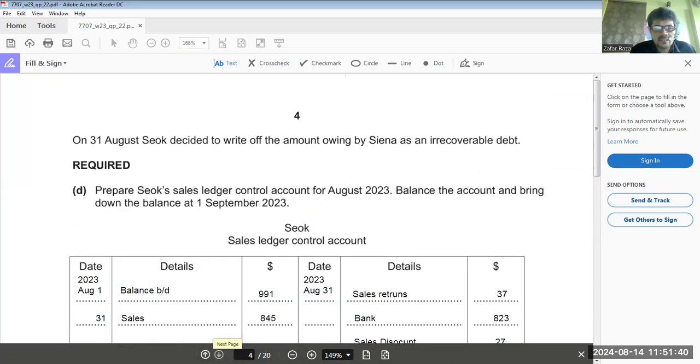Anything else? Sorry. On 31st August, this is the statement. I'm sorry. On 31st August, the CEO decided to write off the amount owing by Sienna as irrecoverable debt.